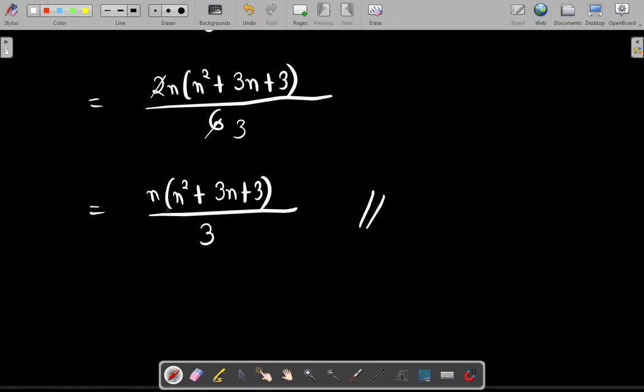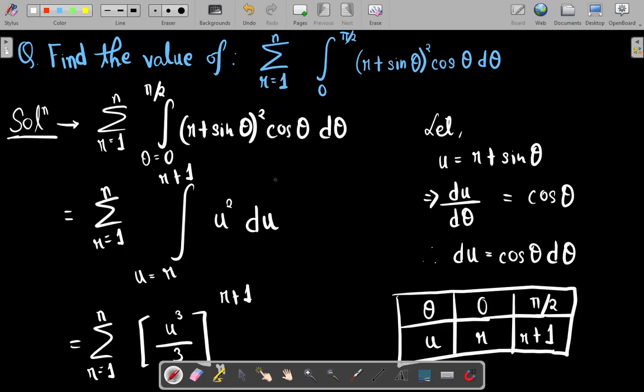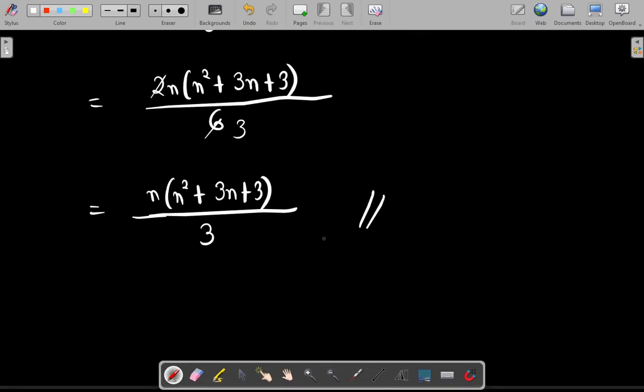So this is the required summation of the definite integral. This is the answer given in the book also. If you have any doubt, you can pause the video and see the steps here. Otherwise this is the required answer. Thank you for watching.